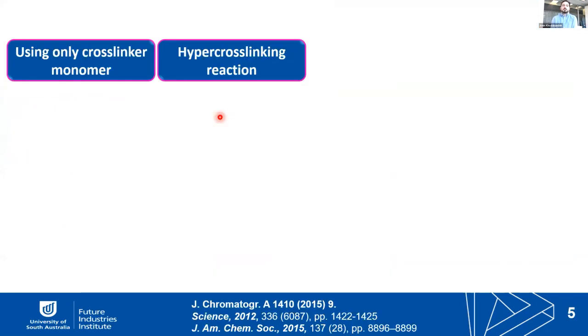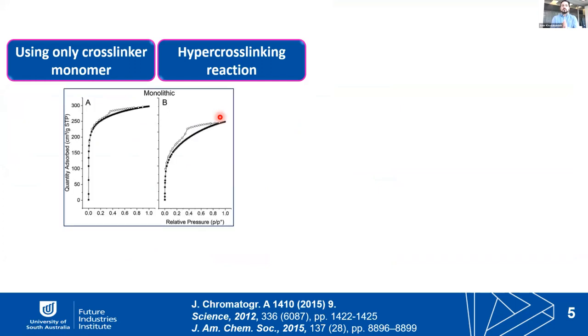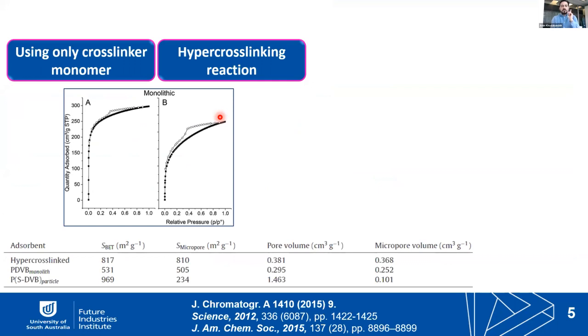In my group, since 2015, we studied different methods, the cross-linker monomer and hyper cross-linking reaction, and this is the result from the nitrogen adsorption-desorption technique. I'm not going into details of this isotherm, but exporting the data in the table, I would like to emphasize the BET surface area, and you can see most of this surface area comes from the microporosity, which is below 10 nanometer, which is not good for the SEC column.